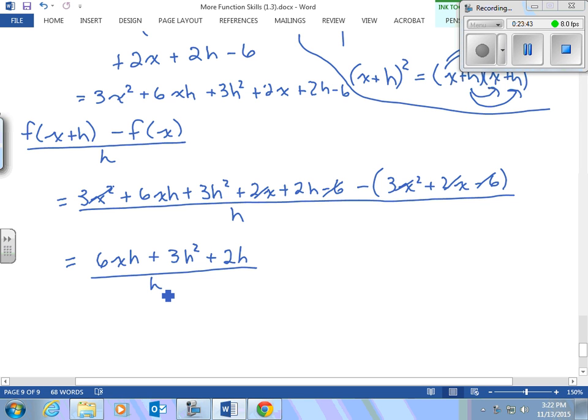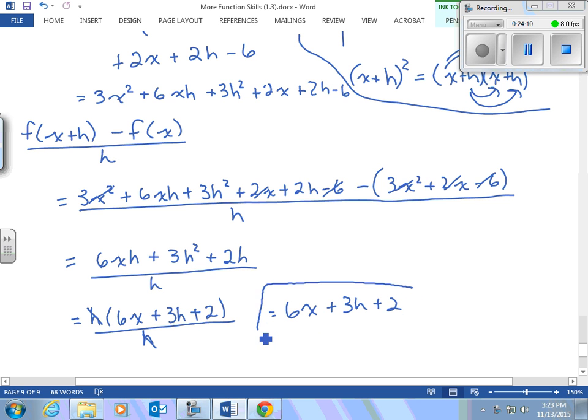So let's factor an h out of the numerator there because I see that as a common factor. I've got an h in all of those terms. So that's h times 6x plus 3h plus 2, all over h. So now I can go h divided by h, and I'm left with 6x plus 3h plus 2.